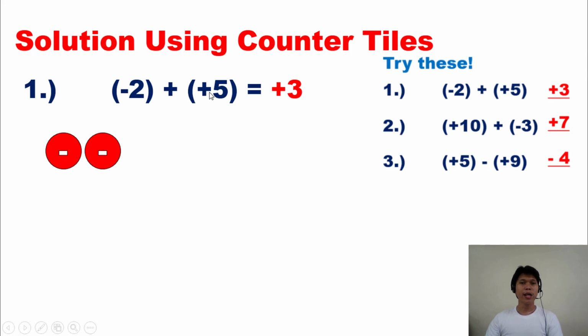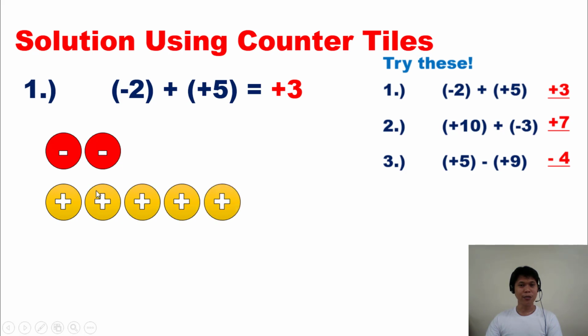Next, since we are going to add, we add below these 2 counter tiles positive 5. Since a positive number is represented by this tile, we represent 5 by 5 counter tiles. 1, 2, 3, 4, 5.